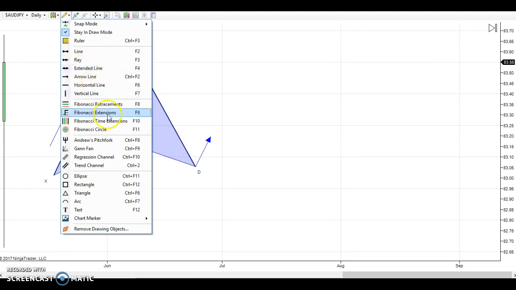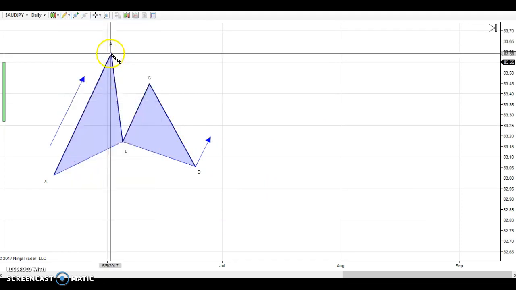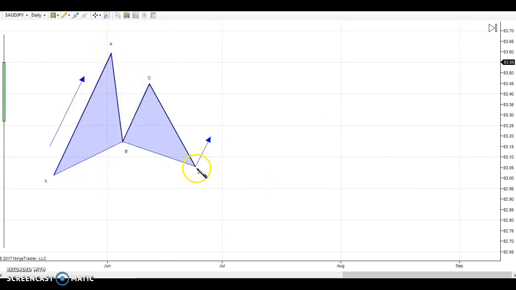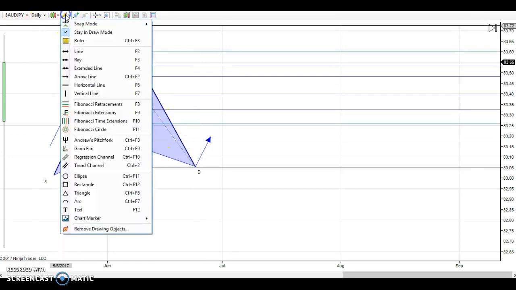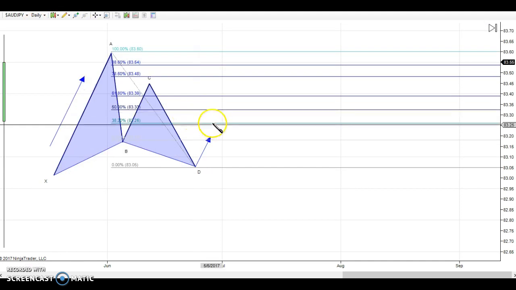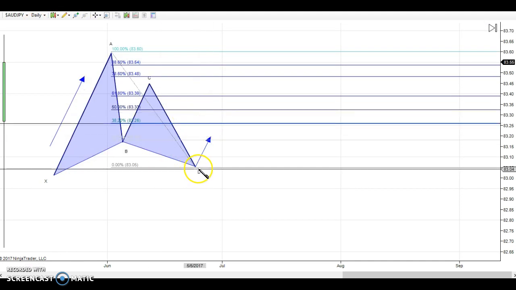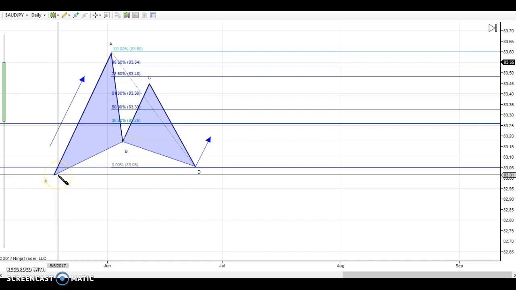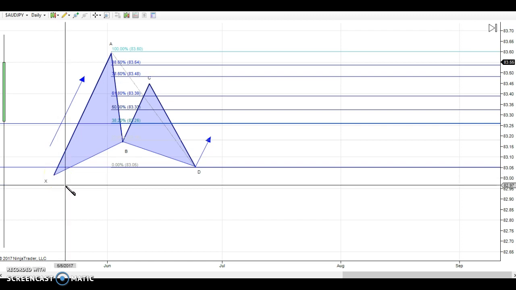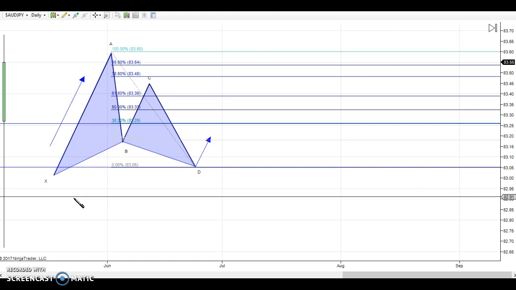So let's go grab our Fibonacci retracement tool and set our target. And our target's going to be right here. Our entry's right here. And our stop loss is 10 pips below X, right at 83.01, so we want to be at 82.91.